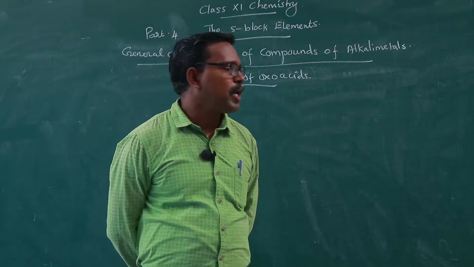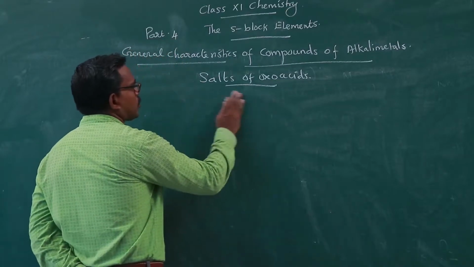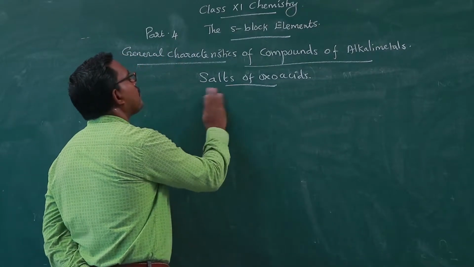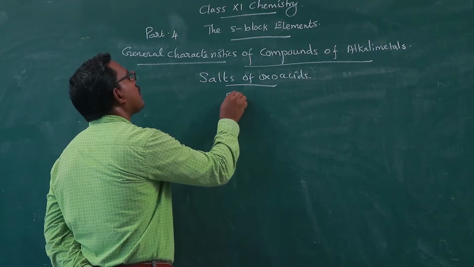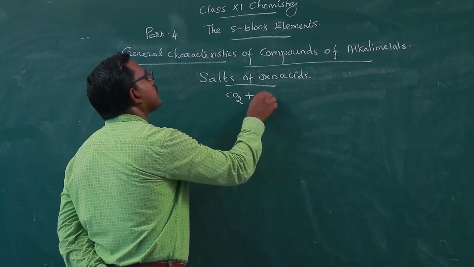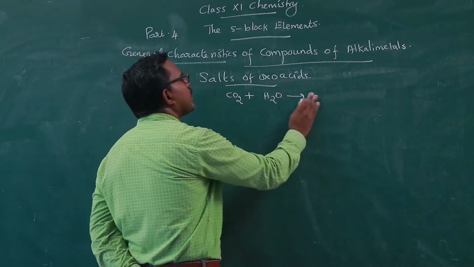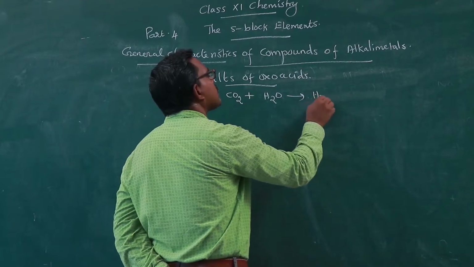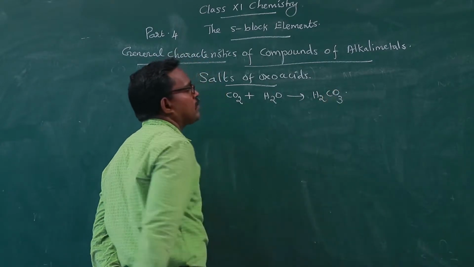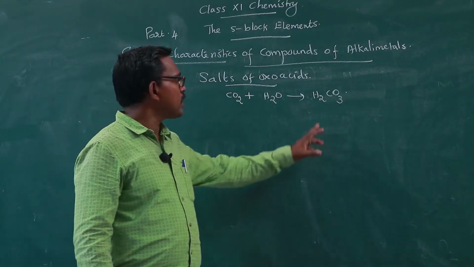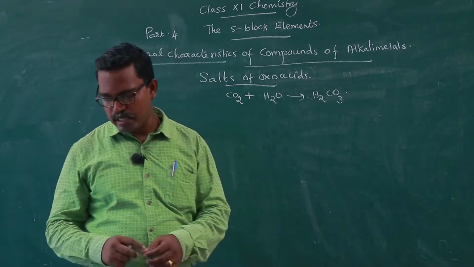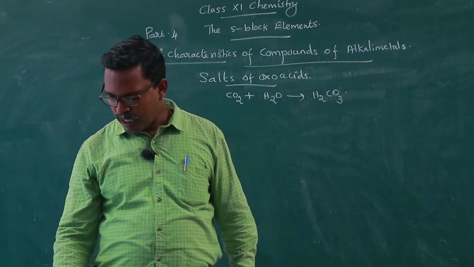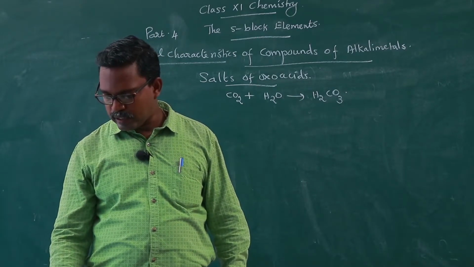For example, carbon dioxide reacts with water to give carbonic acid, H2CO3. Carbonic acid and sulfuric acid are examples of oxo acids.